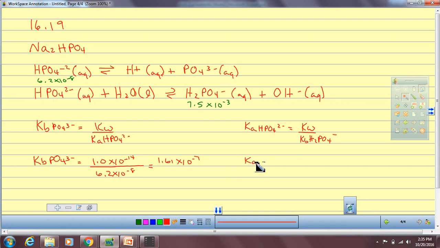Our Ka is 1 times 10 to the negative 14 over 7.5 times 10 to the negative 3. And that gives us 1.3 times 10 to the negative 12. Our Kb is much larger than our Ka, so our solution is basic.